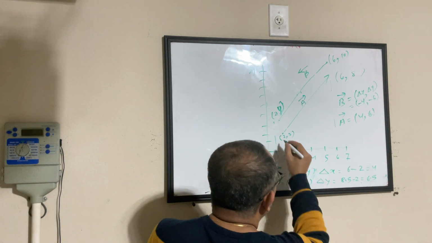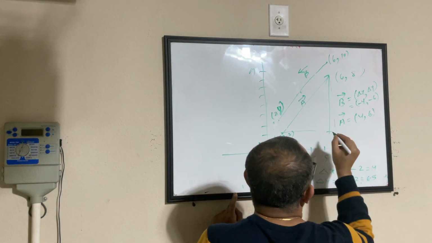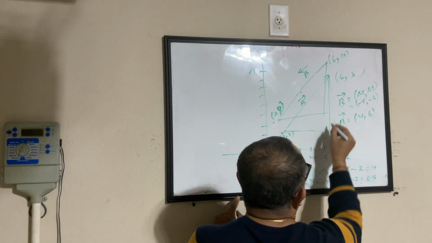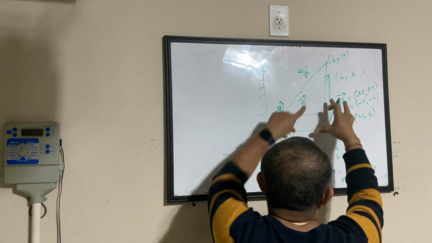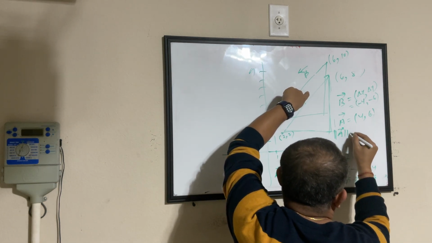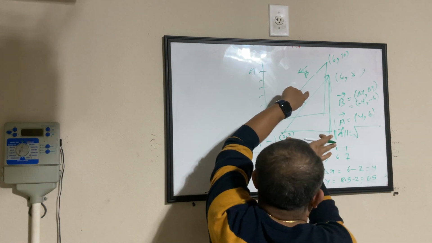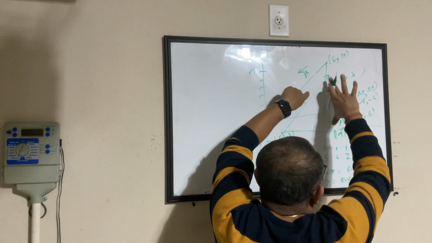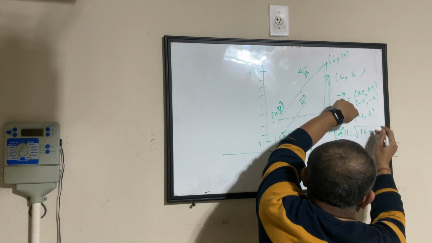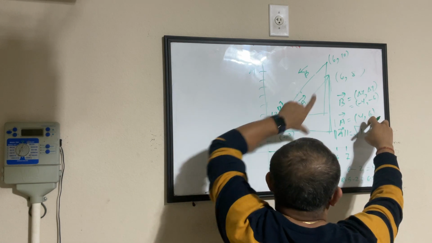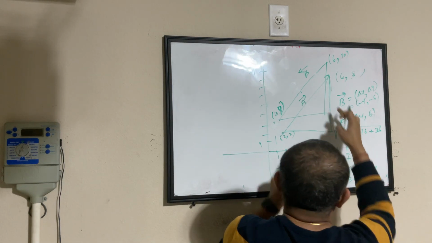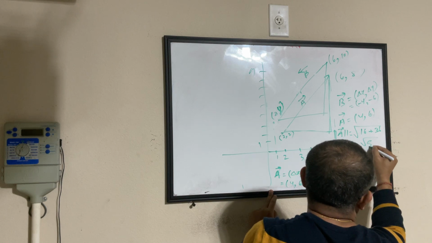Now if I have to find out the magnitude, how do I do it? This is the simple Pythagorean theorem, right? This square plus this square, square root. So the magnitude of A will be the square root of x component squared plus y component squared. My x component is 4, so this is 16, plus y squared, which is 6, so this becomes 36. So the magnitude of A, or the length of this, is the square root of 52.